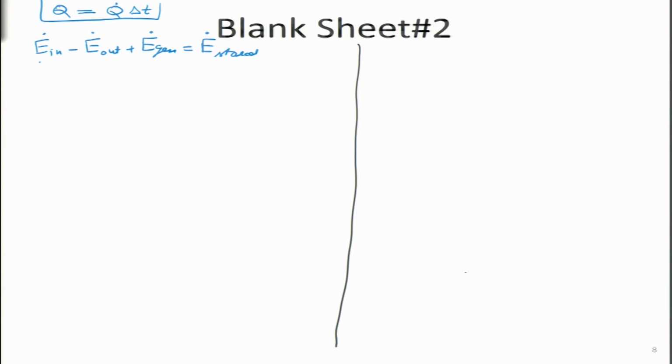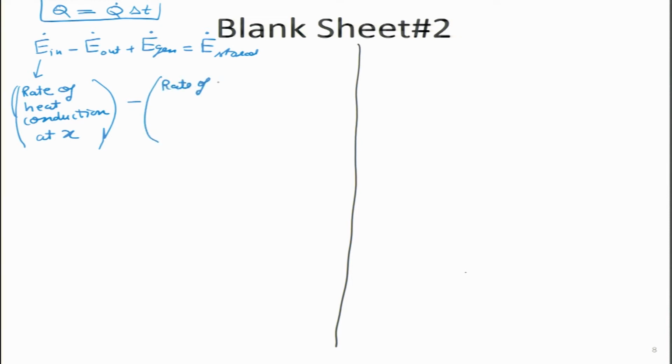So, the first term more formally I am going to write is E dot in is essentially the rate of heat conduction at x. So, this x I am talking about is the boundary x, minus the second term would be the rate of heat conduction at which place.